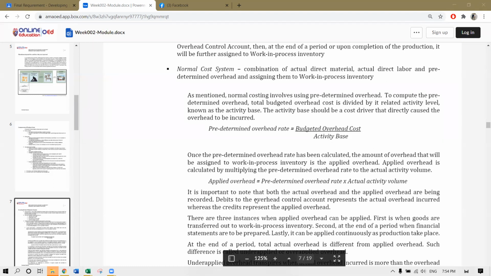Tapos ginbibiling naton nga da kung ang aton ba na record was more than the actual overhead or less than the actual overhead. Okay. It is important to note that both the actual overhead and the applied overhead are being recorded. Debits to the overhead control account represents the actual overhead incurred, whereas credit represents the applied overhead.